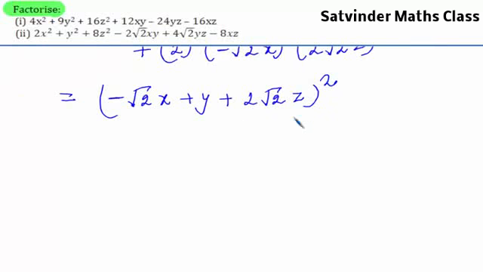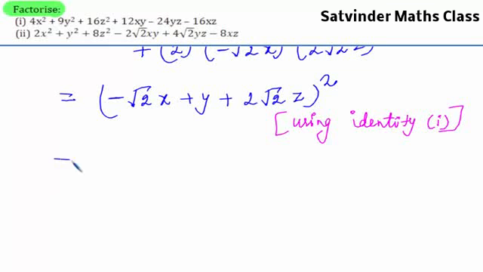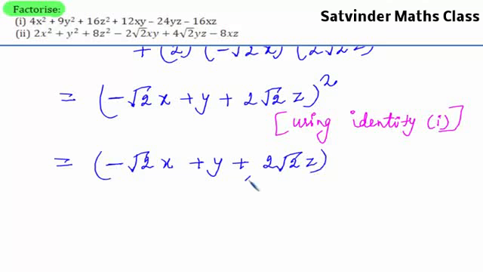So we got this step using identity 1. This can further be written as minus root 2x plus y plus 2 root 2z multiplied by minus root 2x plus y plus 2 root 2z.